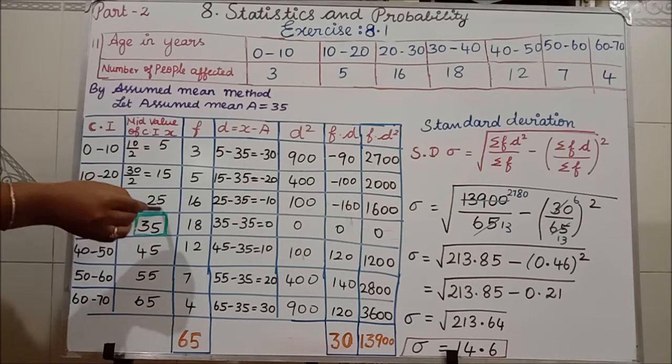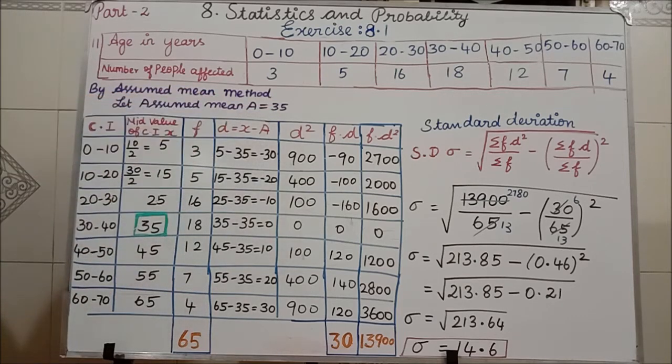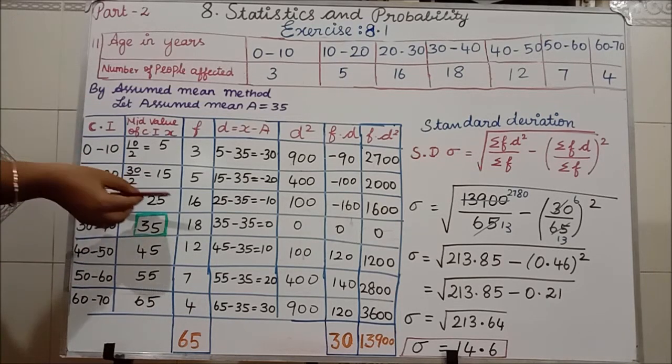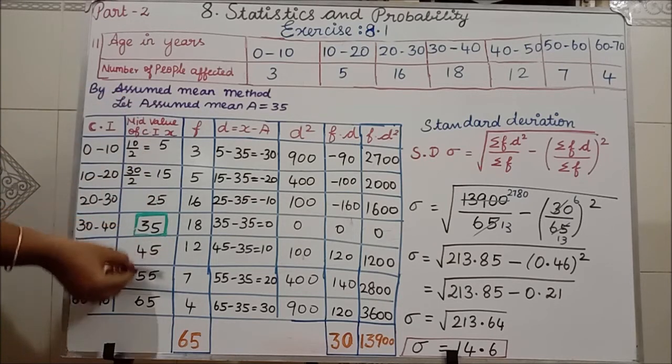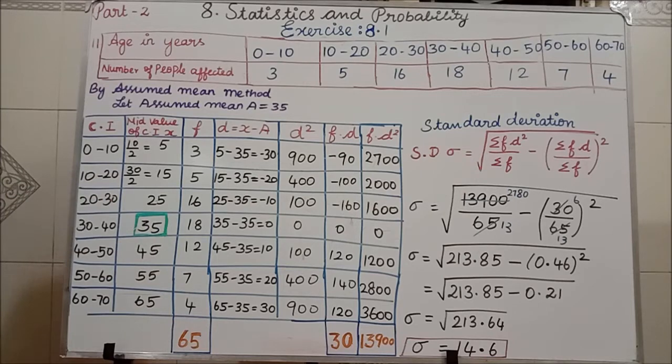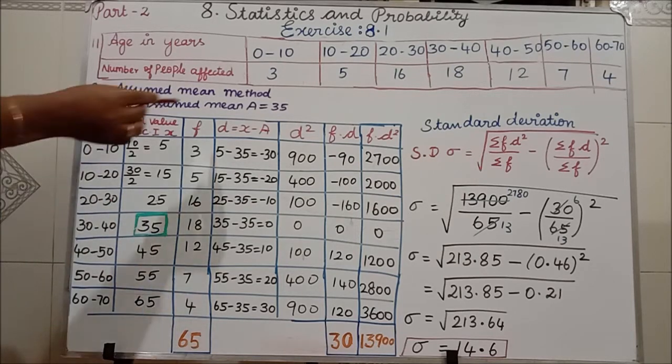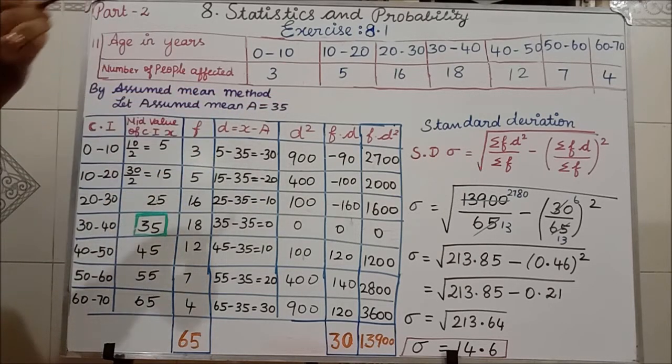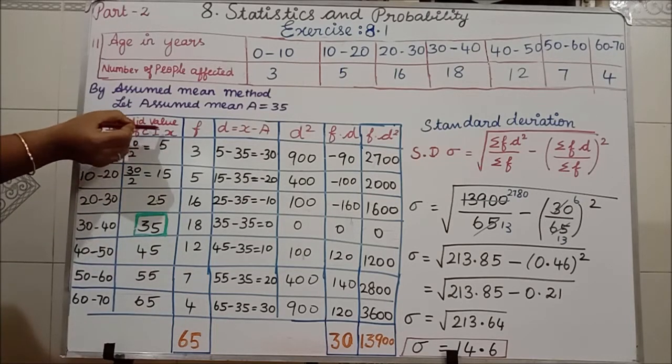That 35 is the capital A. Suppose it comes in an even number, either this number or this number you can take, I told you in part 1. Since you are getting an odd number, you can easily choose 35. Students, the assumed mean A equal to 35, you have to choose only from the x data.